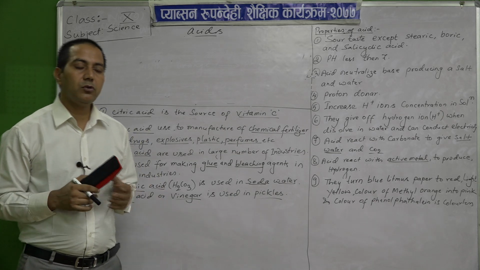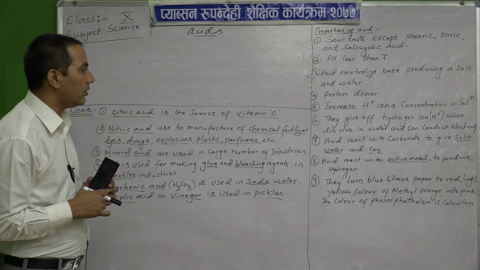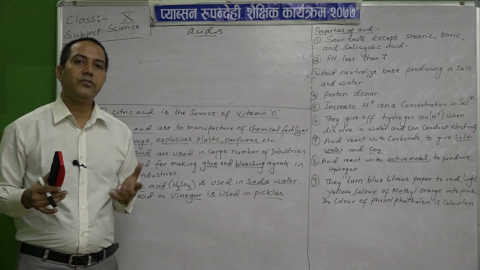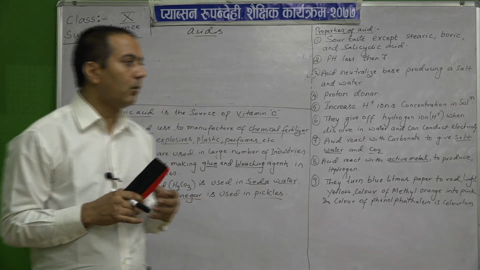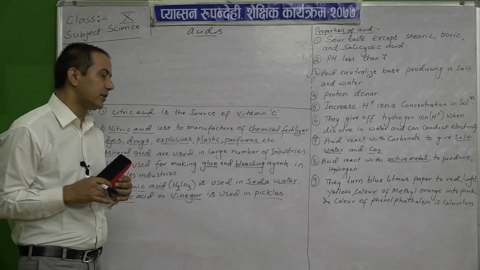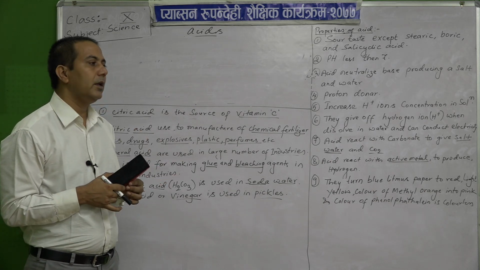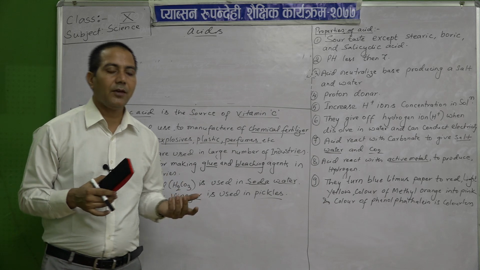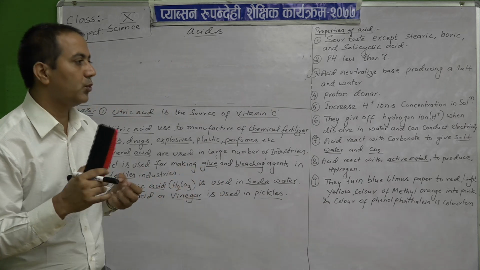they are proton donors, meaning positive ion donors. So, the concentration of solutions can be known by the hydrogen ion. Then when it is dissolved in water, they release hydrogen ions, due to which electricity can pass through it.